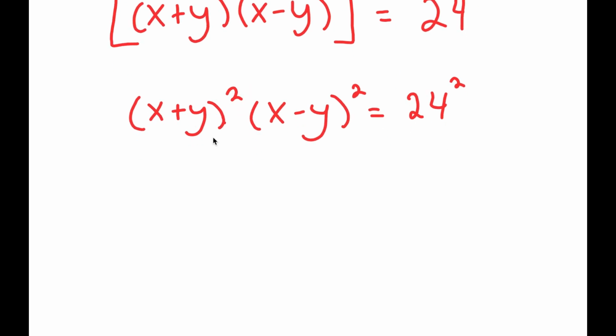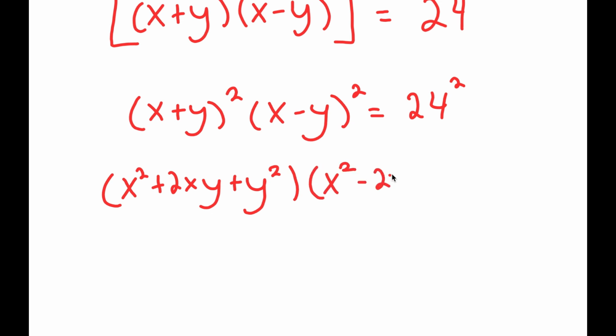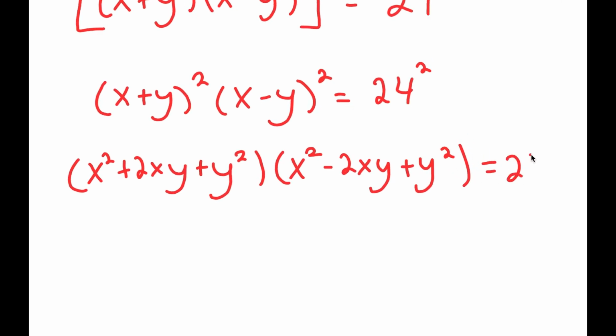Now, I'm going to expand x plus y squared. So x plus y squared is the same thing as x squared plus 2xy plus y squared. And x minus y squared turns into x squared minus 2xy plus y squared. And this is all equal to 24 squared.